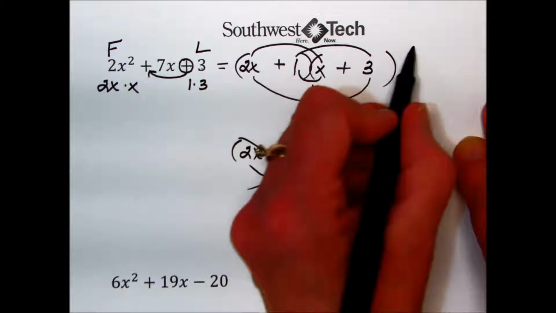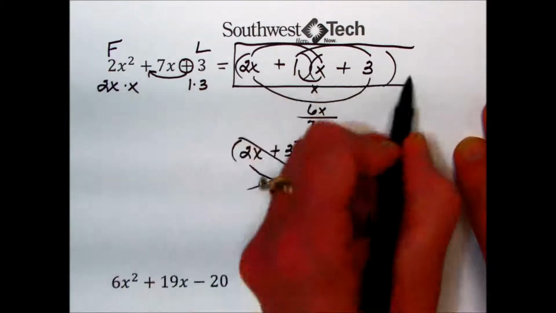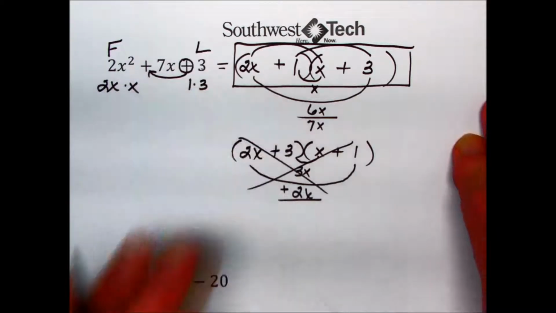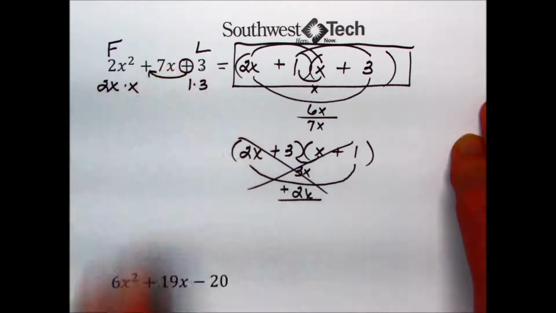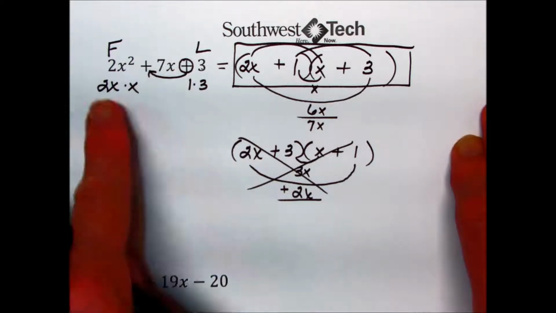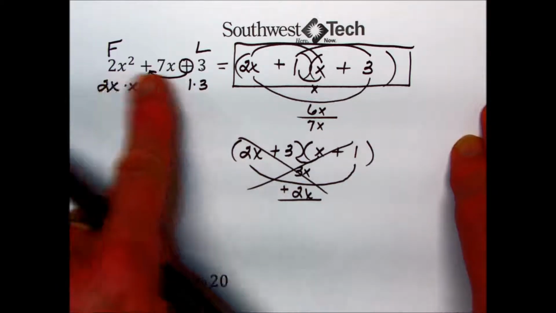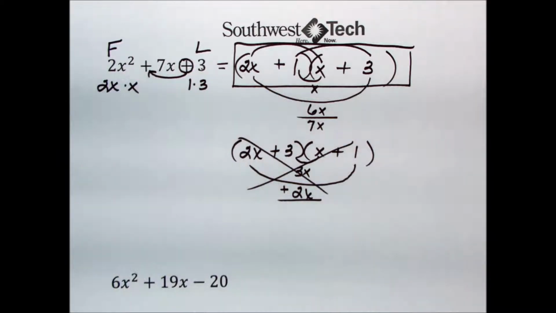Not what we were looking for, and as I said, we were lucky and got the correct arrangement. Had neither one of these arrangements generated that middle term, and we had no other options, since these were prime, we would have said that this was not factorable and a prime polynomial.